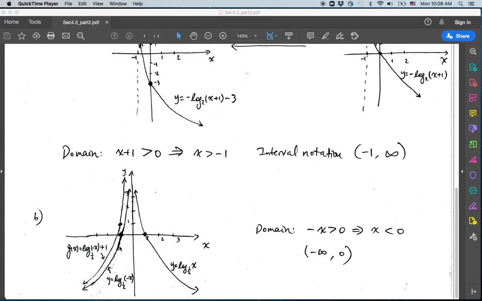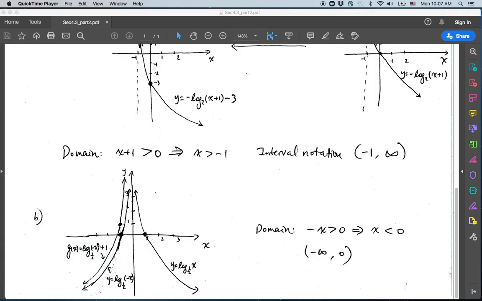And every other point gets shifted upward by 1 unit as well. So that's why the graph of the final function looks like that, still approaching the y-axis as x approaches 0 from the left-hand side. And that's the graph for our g of x.